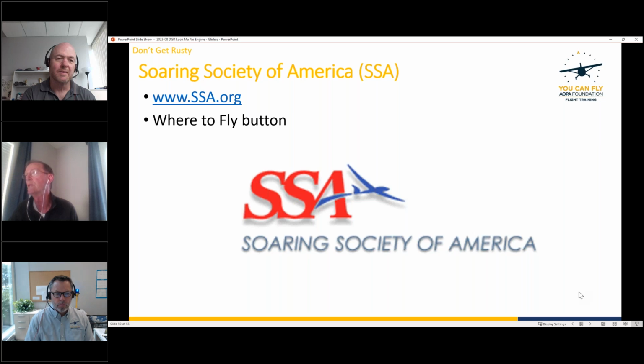For most of us, that pretty much eliminates going above 18,000. But you can go above 18,000 in a wave window. Along that same theme, the glider operation up near Gettysburg has one for the TFR that's around Camp David. So sometimes they have permission to fly through that when other airplanes aren't. Again, they do the same thing.